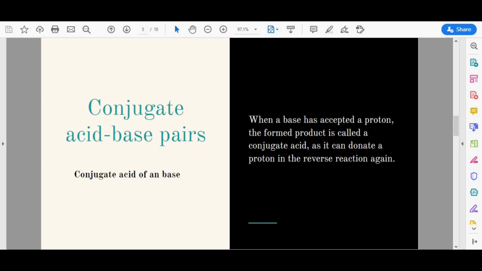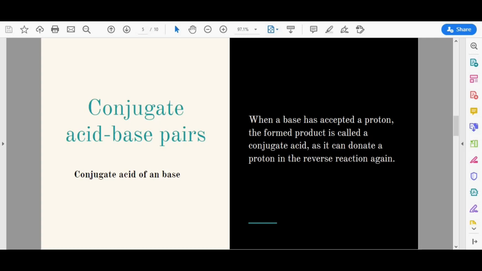That new product, formed from a base accepting a proton, is called a conjugate acid. That's just what it's called, because in the reverse reaction, this new product can donate a proton once again to go back to the original base.